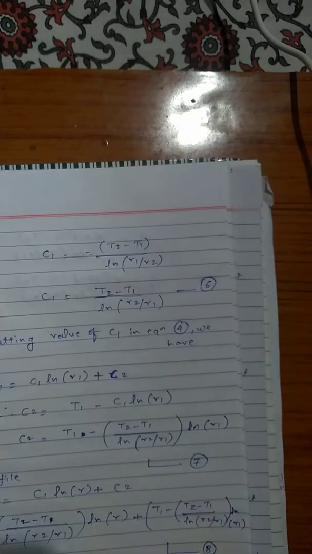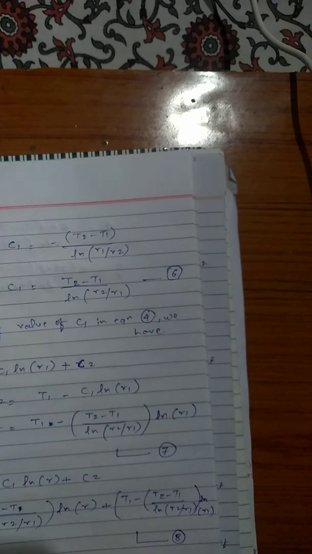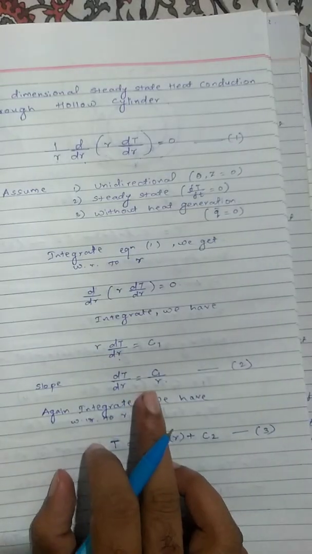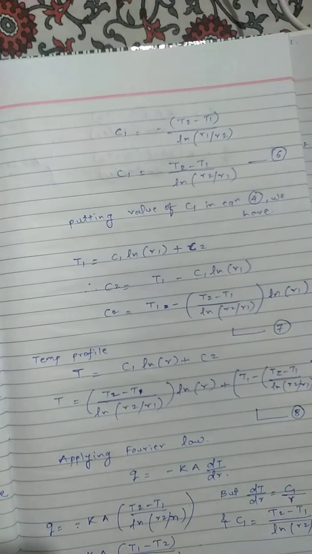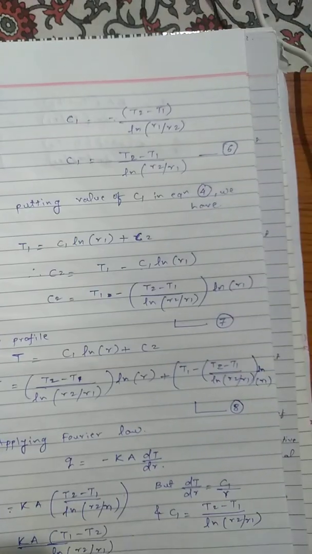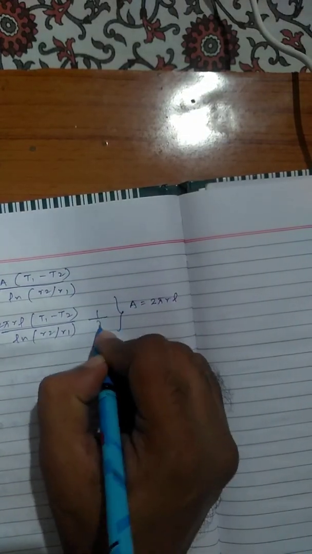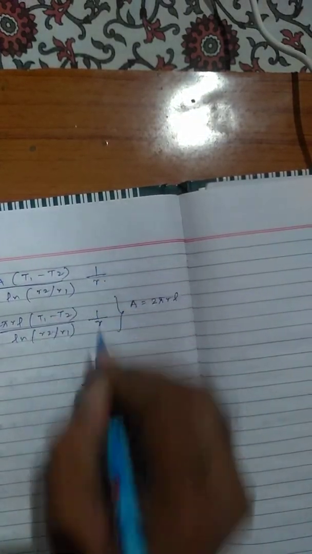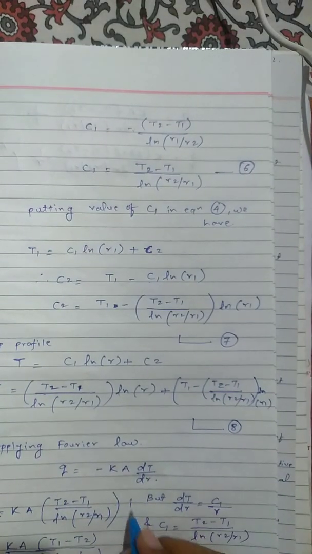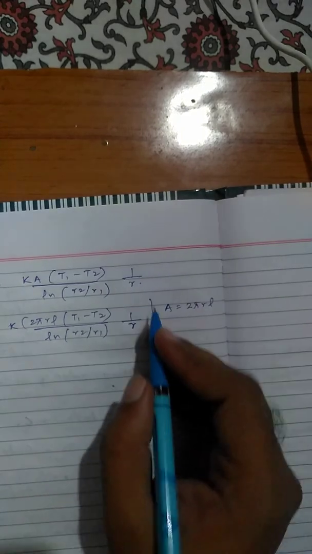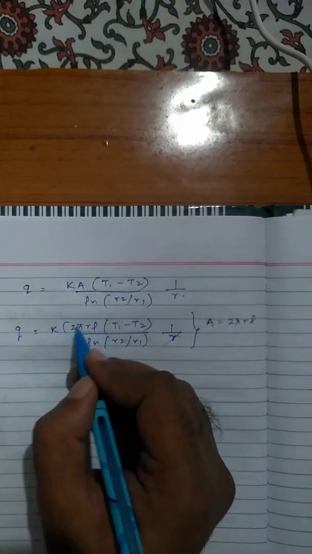Also we have seen dT by dr is not only C1, it will be C1 by R. So here also it will be C1 by R, therefore it will be multiplied by 1 by R. Therefore this R will get cancelled.